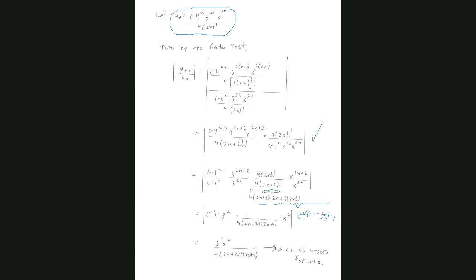But the fact is, the 2n factorials simplify out.